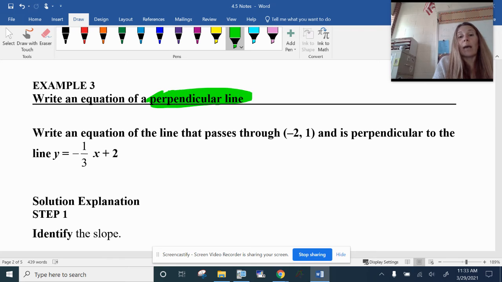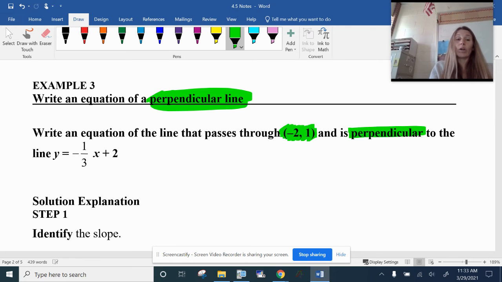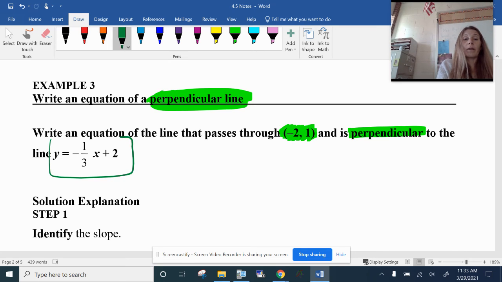The steps are still the same as what we did with the parallel lines, but obviously our slope is going to be a little bit different now. So again, we're writing the equation of a line passing through a specific point given to us, and it's perpendicular to the line given by this equation. The slope of the given line is negative 1/3.